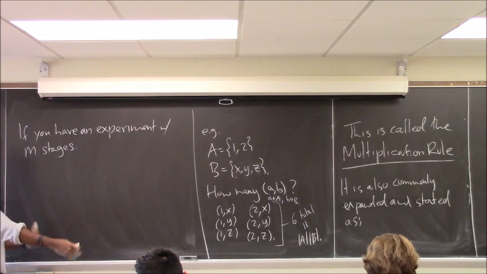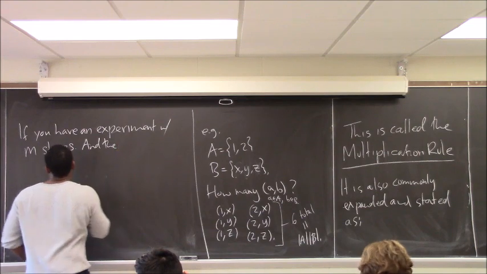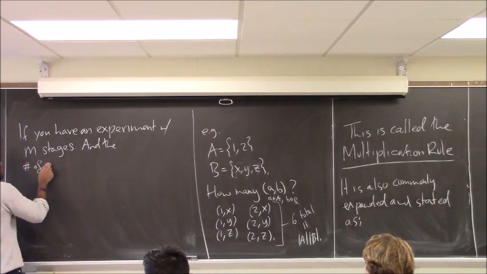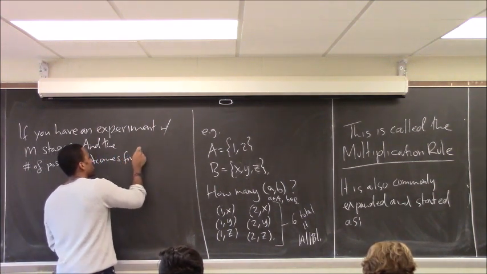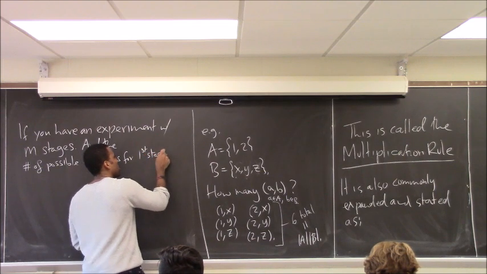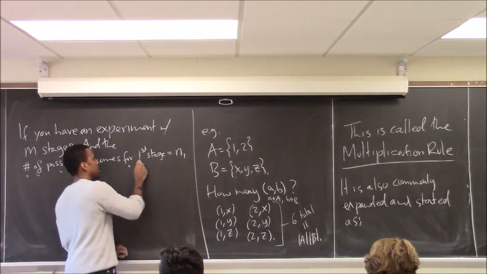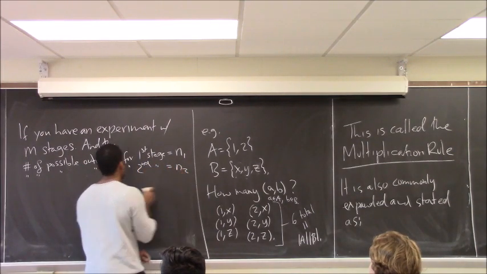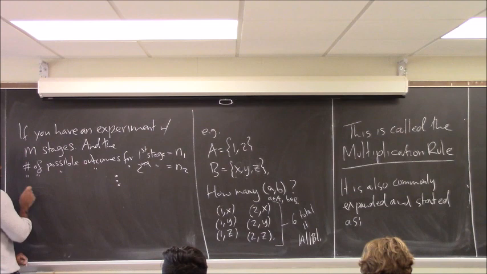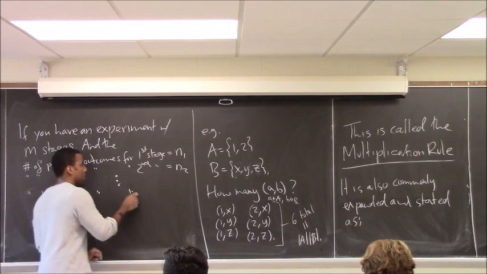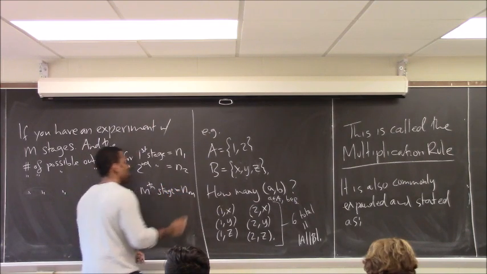So something is happening in m stages, and the number of possible outcomes for the first stage is, say, n1. The number of possible outcomes for the second stage is n2, and so on, up to the mth stage, which is n sub m.